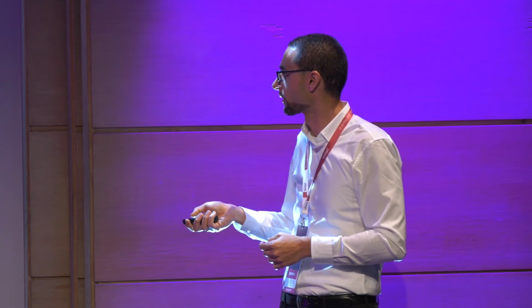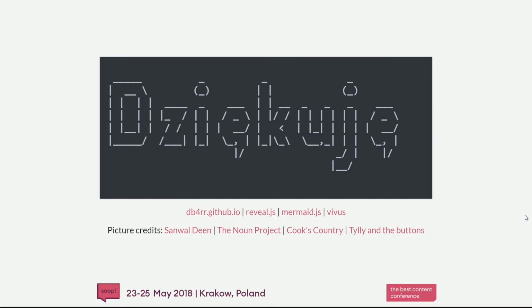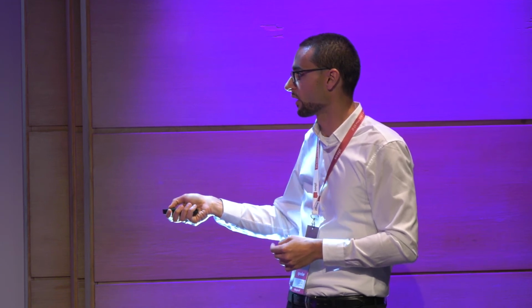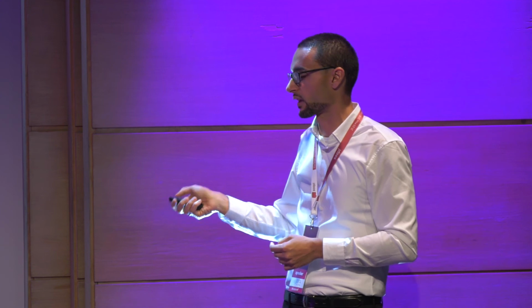All right, so this is basically it. My slides live here, db4rr at github.io. You have links to the framework that I use to create these HTML presentations. If you take a look at the presentation itself, you will see examples of how I integrated the different kinds of SVGs that I used.